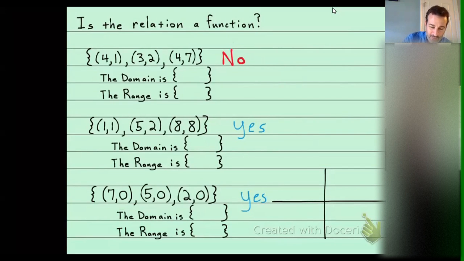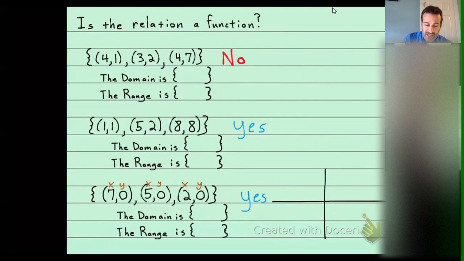Okay, and let me remind you about x and y. It's alphabetical. So x comes before y in the alphabet. That's my x point, that's my y point. So do you see the same x with 2 different y's? No. This one has the same y with different x's, but that's okay, right?